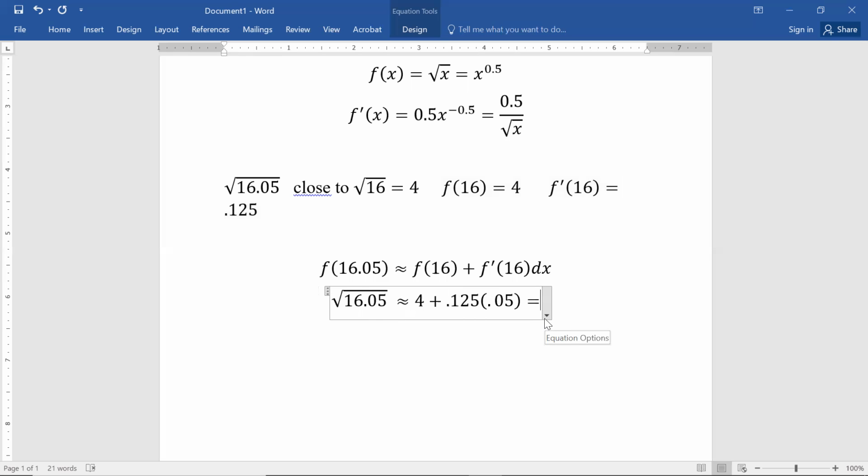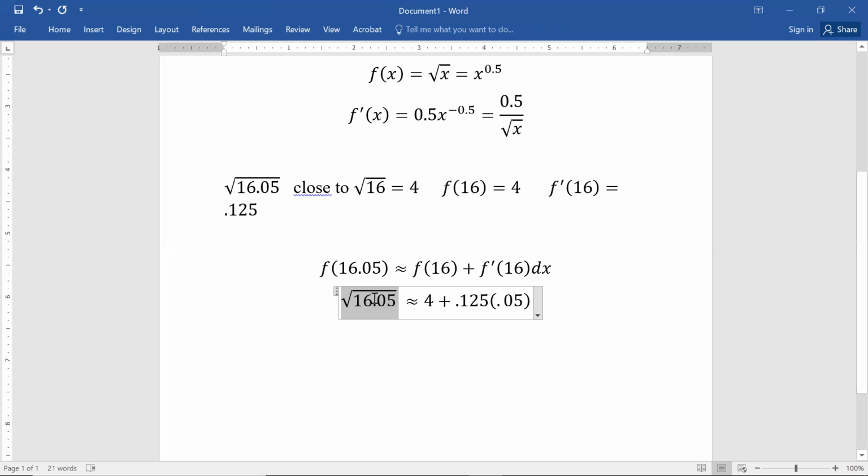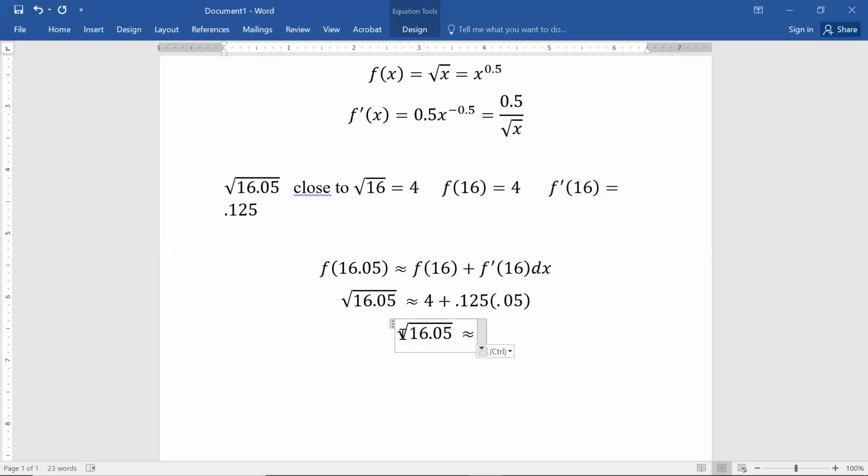If I calculate that, the square root of 16.05 is approximately 4 plus 0.125 times 0.05. That becomes 4.00625, I believe.